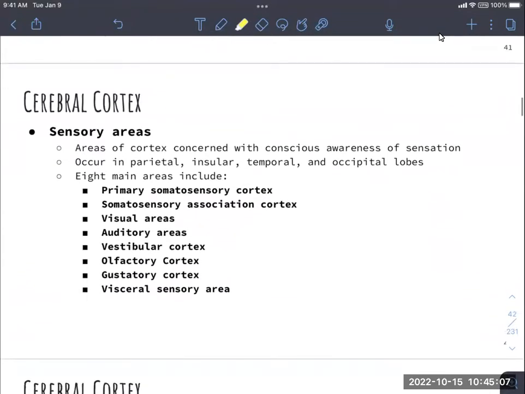Just like our motor area of the brain, we have a sensory area. That sensory area is behind the motor area. We have our primary somatosensory cortex, somatosensory association cortex, visual, auditory, vestibular, olfactory, gustatory, and visceral sensory area.